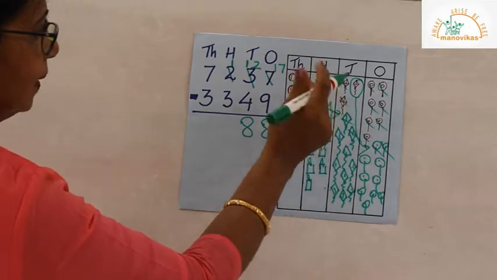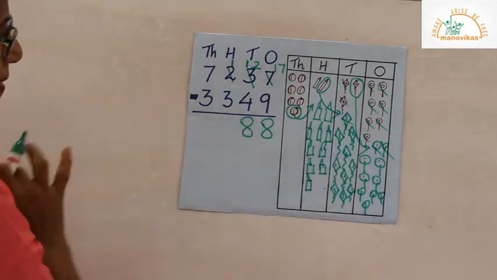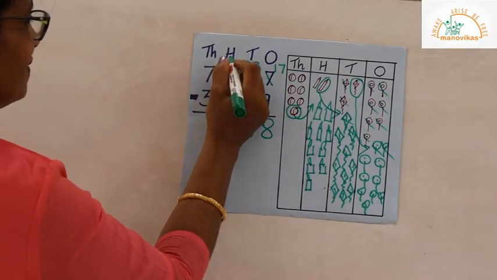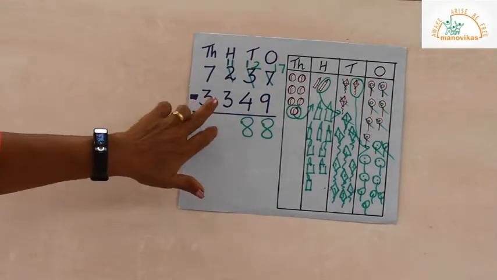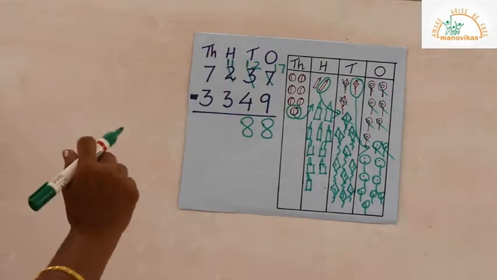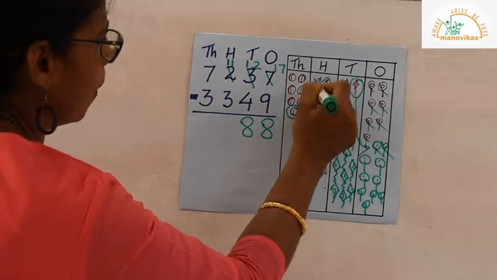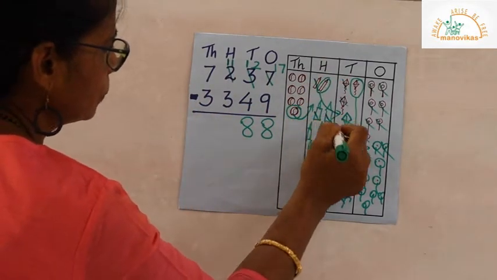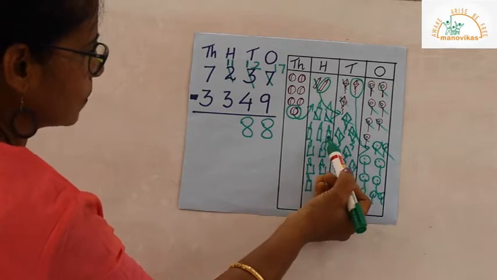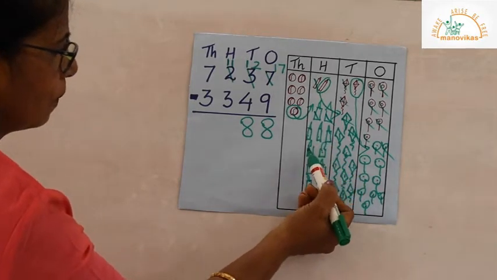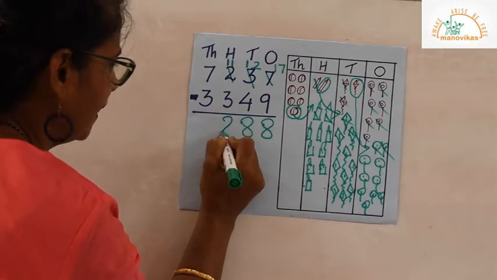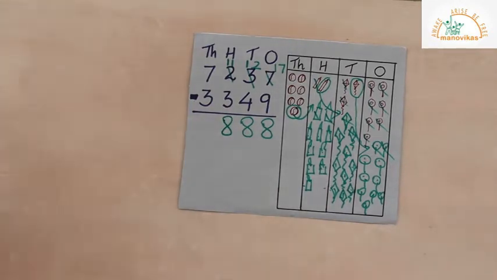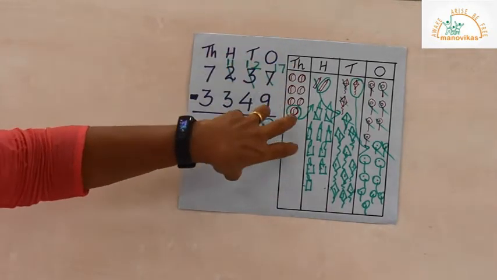We have 1 here. So 1 plus 10 becomes 11. We have actually number 11 here. So we have to minus 3 from 11. 1, 2, 3. What remains with us is 1, 2, 3, 4, 5, 6, 7, 8. We get another 8.